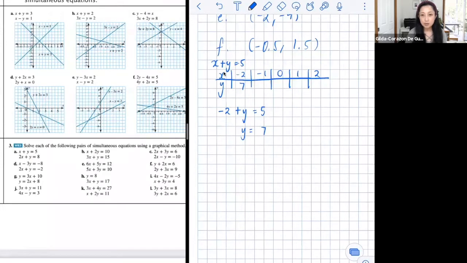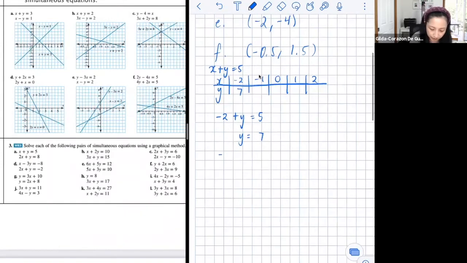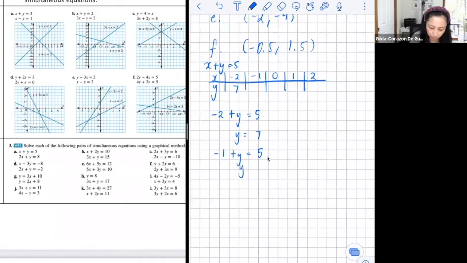Next, we want x to be equal to -1. So we write -1 plus y equals 5. What's the missing number here? What did we add to -1 so that we get 5? We added 6, because -1 plus 6 gives us 5. So y equals 6, and therefore we write 6 there. What if x is 0?